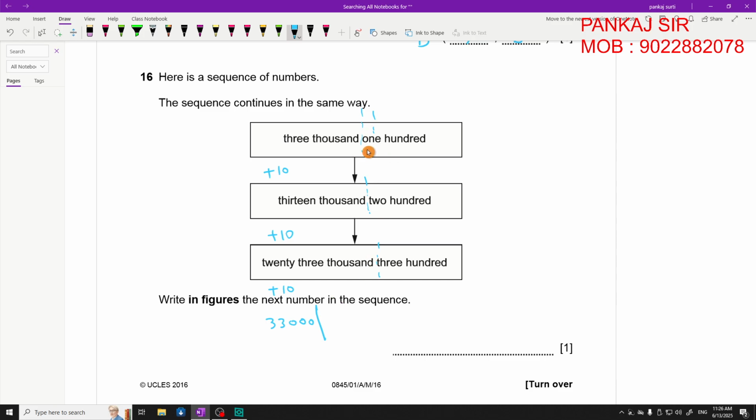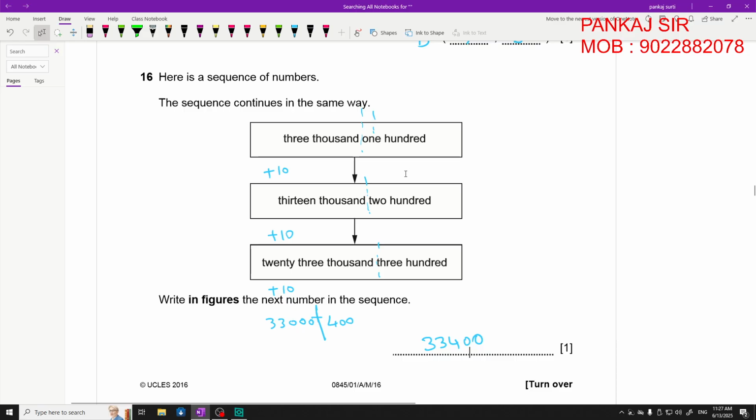Now in the second part, it is 100 in the first term, 200 in the second term, 300 in the third term. So in the fourth term, it has to be 400. So it will be 33,000 plus 400. So in figures, if you want to write this number, it will be 33,400. This should be the answer.